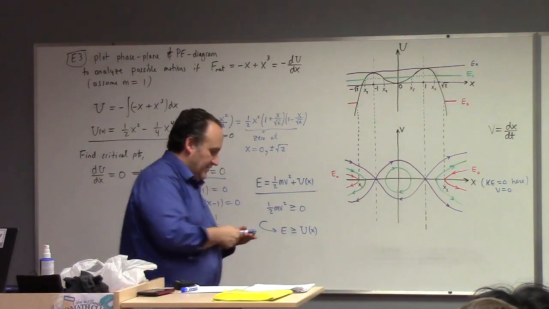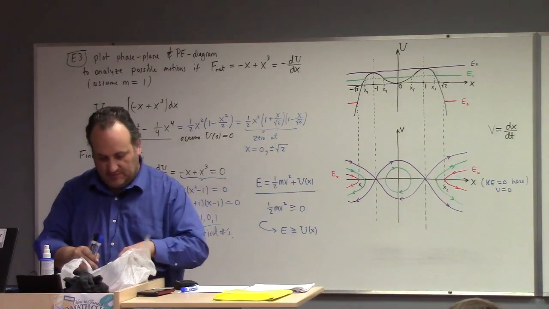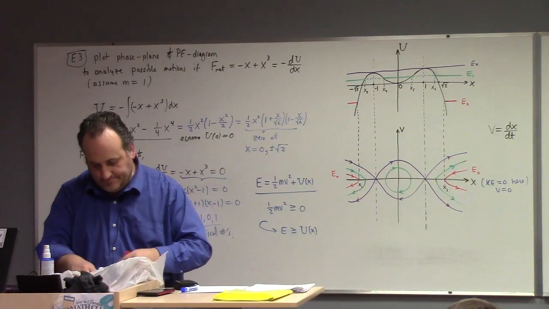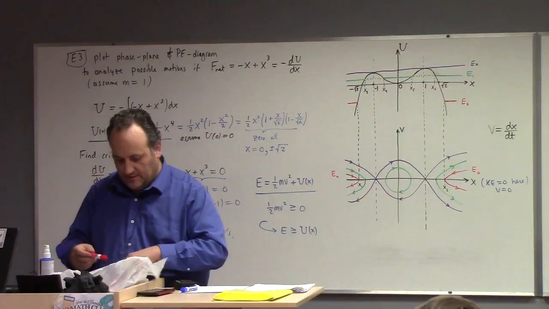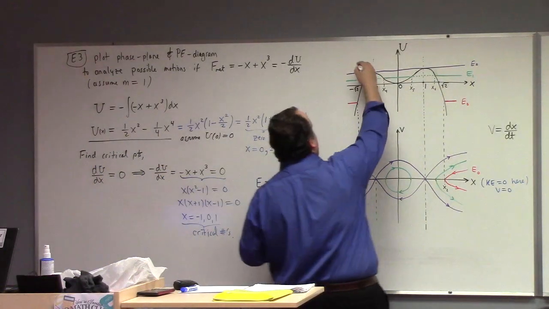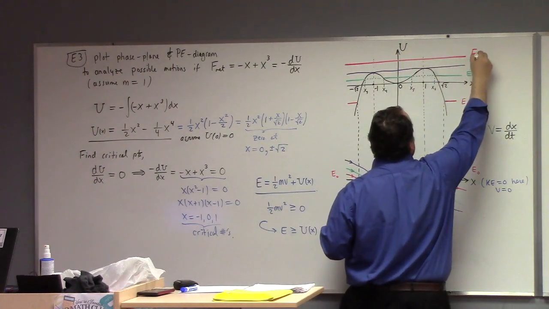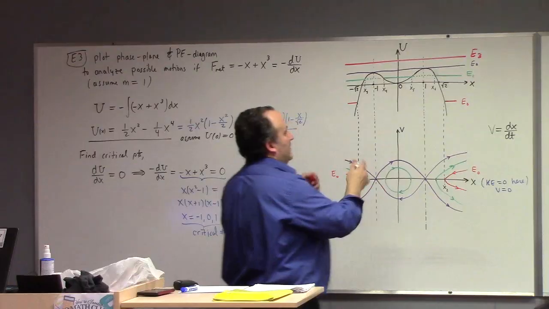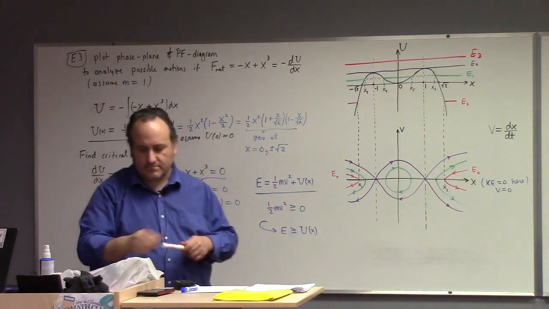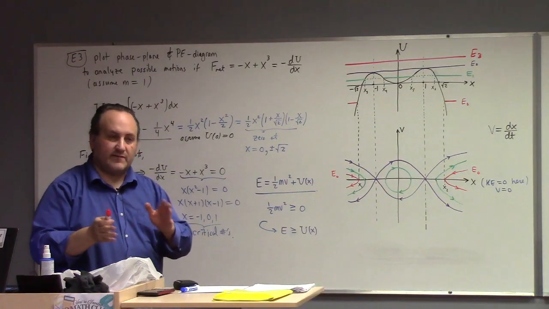And then, let's see here, one more, and I'll cease and desist, unless you guys have questions. I guess I'm out of color. I'm back to red again. Hopefully there won't be any room for confusion here. But up here, if I have energy, let's say E3, notice that for energy E3, the velocity is never zero.